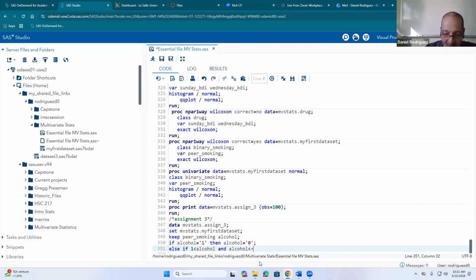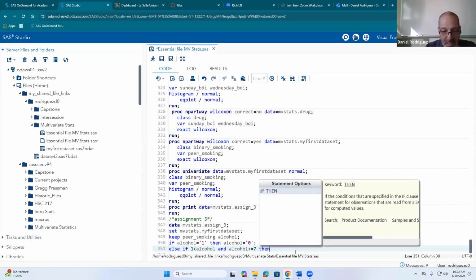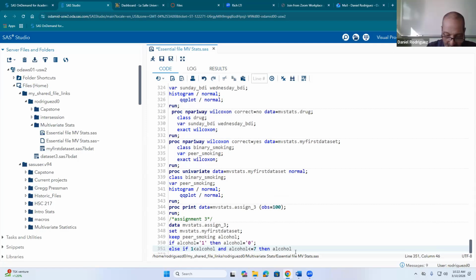This is what you do, less than or equal, right? Equal to 7. Then alcohol equals 1. Right, and this is probably, we'll find out in a second, right? Life teaches you right away if you make a mistake.